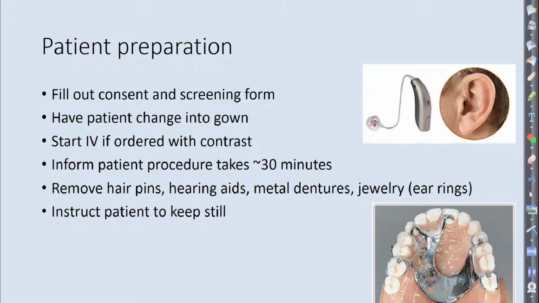Question. The hearing aids, they can't wear them inside the MRI, right? No. Some people have smaller ones, and I think they take them in and remove them. Remember, a cochlear implant is completely contraindicated.